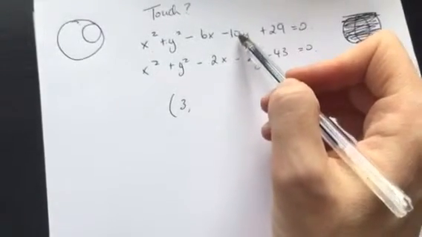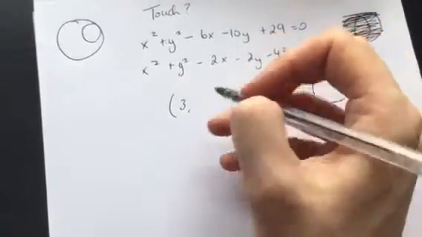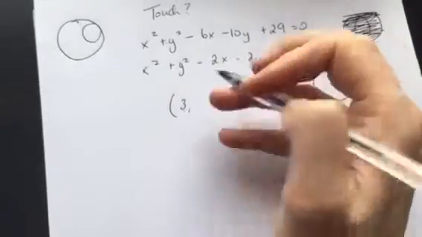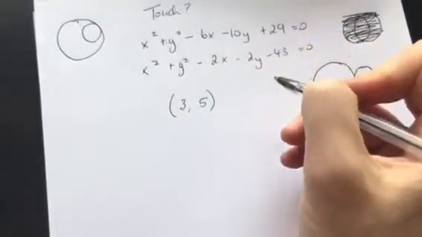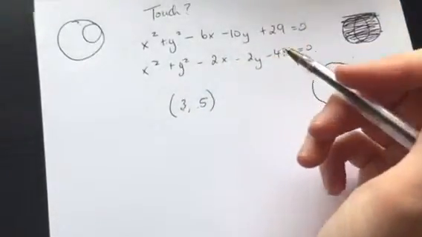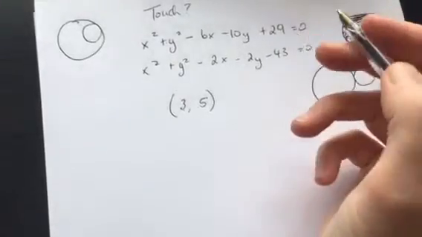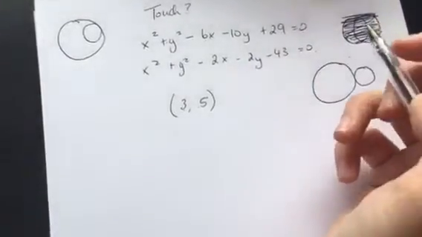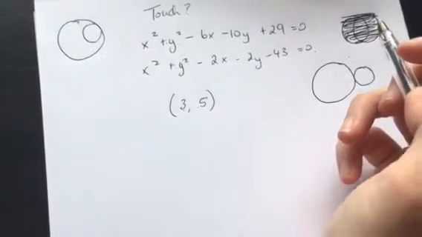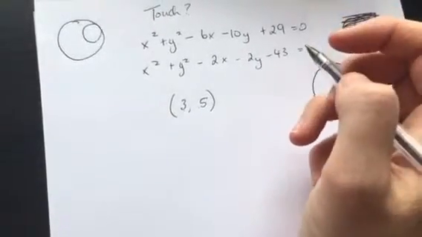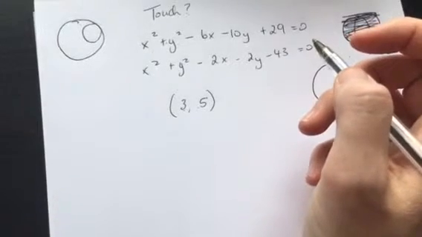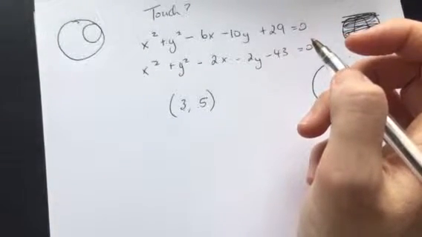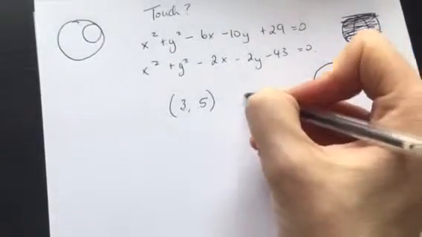That means 2f is minus 10, so f is minus 5. And so if f is minus 5 and we have minus g, minus f, then we're looking at 3, 5. So now we have g is minus 3, f is minus 5, and c is 29. So if you use the formula, the square root of g squared plus f squared minus c, you would get that the radius length is root 5.